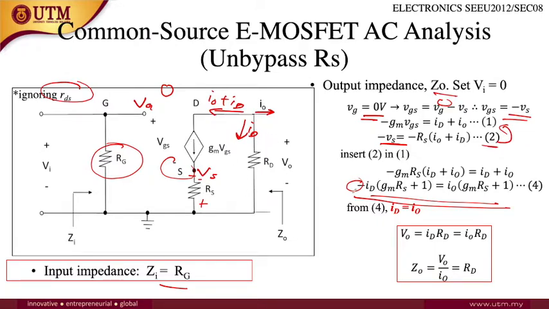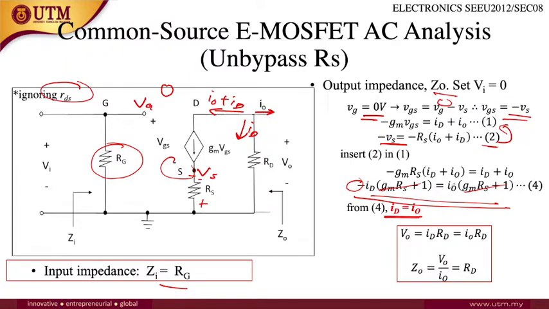So you can just ignore the minus, because the polarity is different but the value is still the same. So ID is equal to gm RS plus 1, and IO is equal to gm RS plus 1. So this is the same, which means that ID is equal to IO.